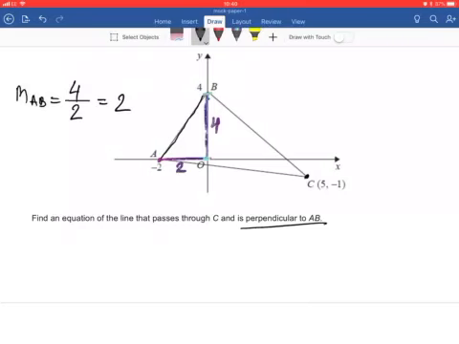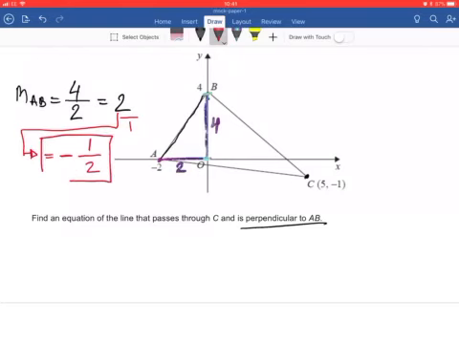The gradient of the line perpendicular to it is the negative reciprocal. So from 2, we want to change the sign because 2 is a plus. The gradient of the perpendicular is going to be a minus. And if we see this one as 2 over 1 and we flip it, we get 1 over 2.